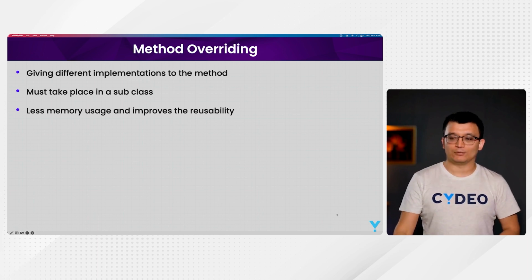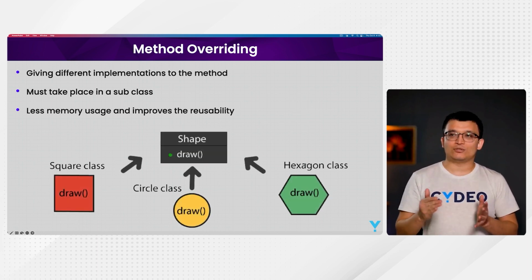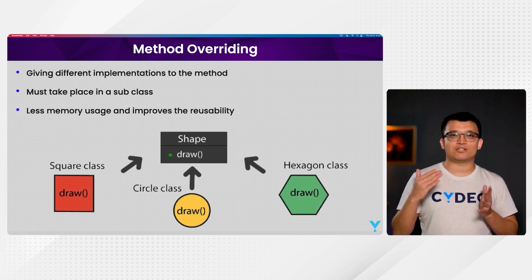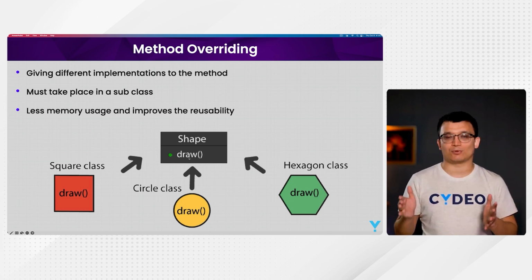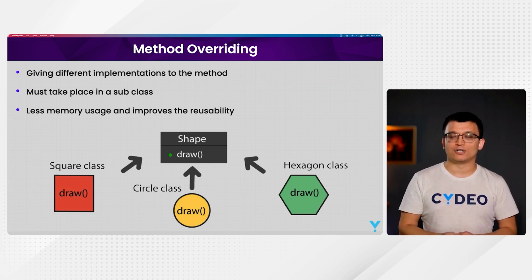For example, suppose that you created a parent class named Shape. And in this Shape class, you added the method draw, because you needed this draw method in every single subclass like Square, Circle, Hexagon, Rectangle, and any other classes.